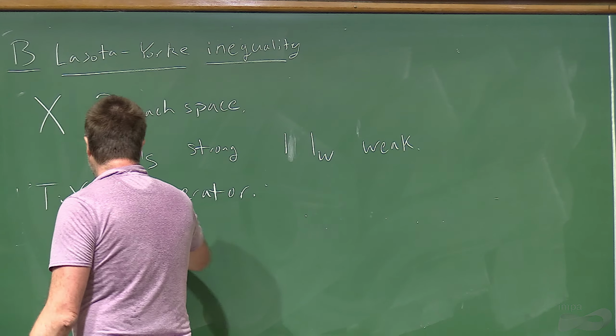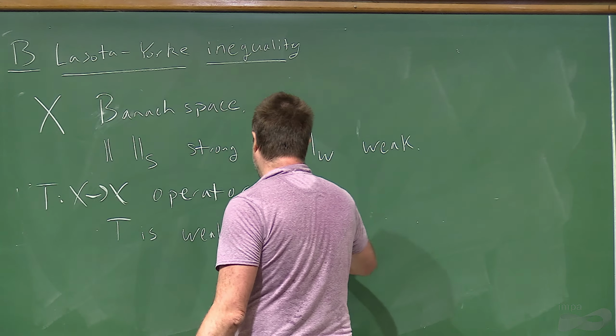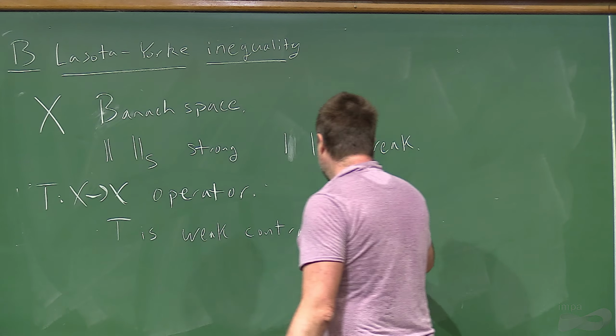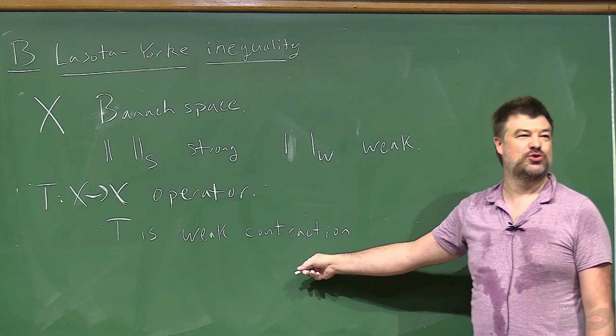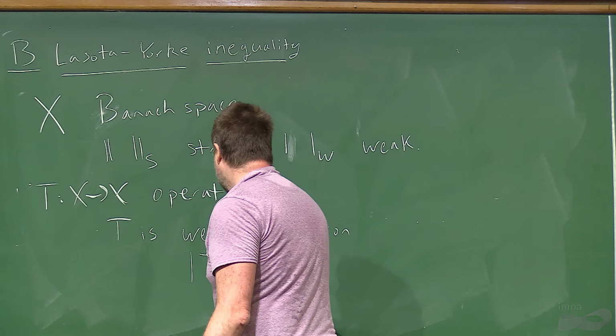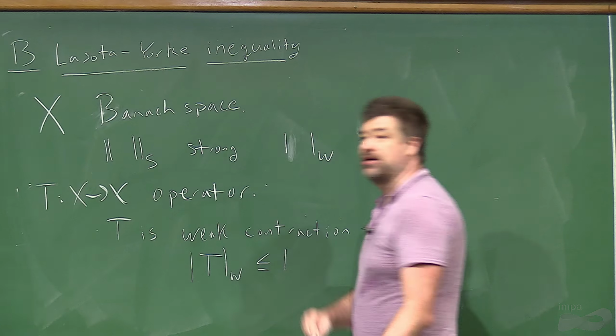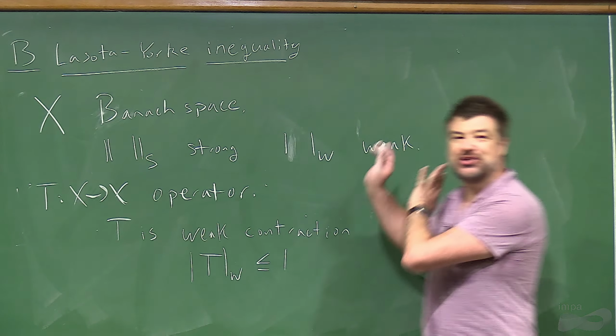And so usually T is a weak contraction. I think weak means two things here: it means in the weak norm, and it also means it's a contraction that has norm at most 1, not strictly less than 1. So with respect to the weak norm, this thing has operator size at most 1. I think this is the usual setup.